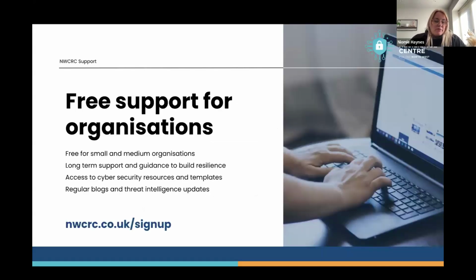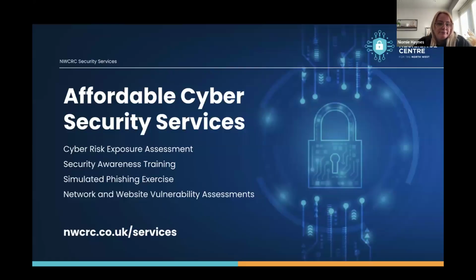We provide free support. We have a sign up which provides regular blogs, updates on threat intelligence, what's going on in the area, and any updates to your particular sector that you might be vulnerable to. So things like any trends that are going on at the moment that we feel our members need to be made aware of, we can keep you updated with those, and it's completely free to sign up.